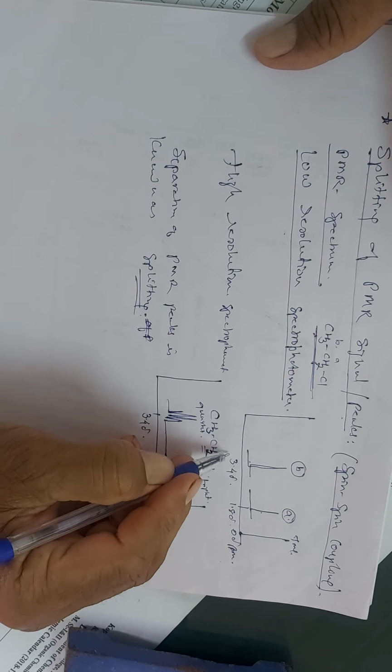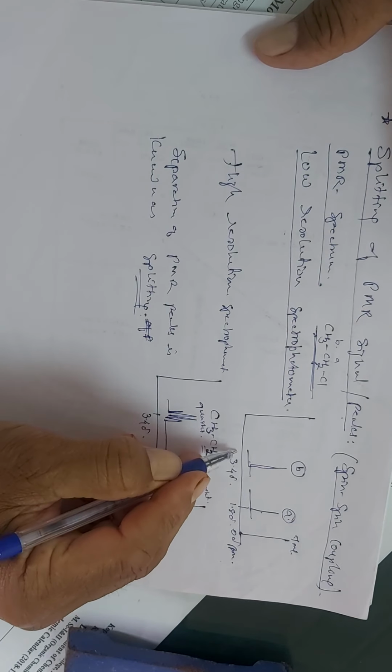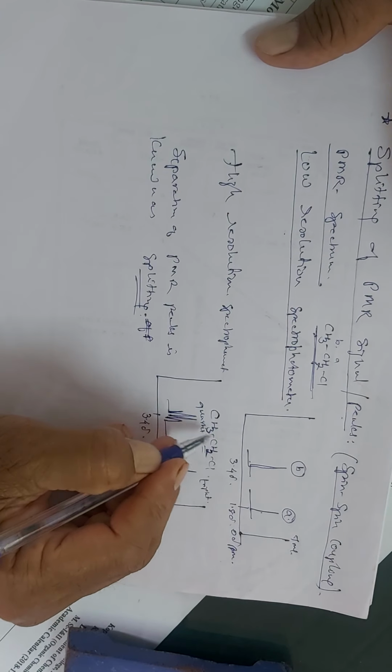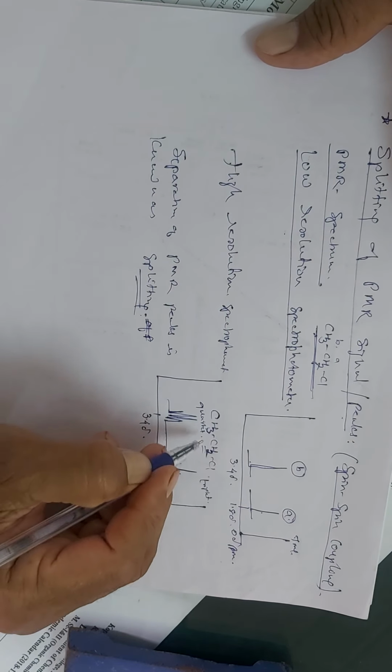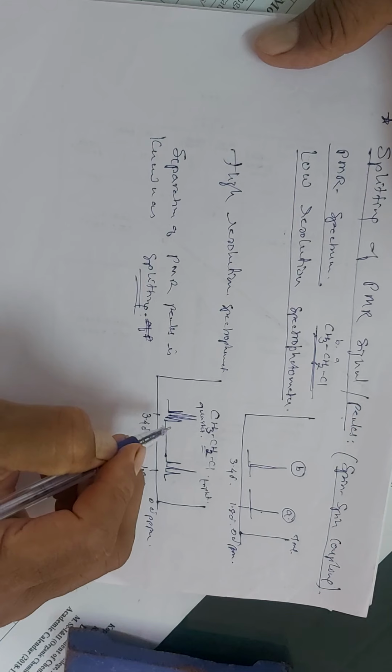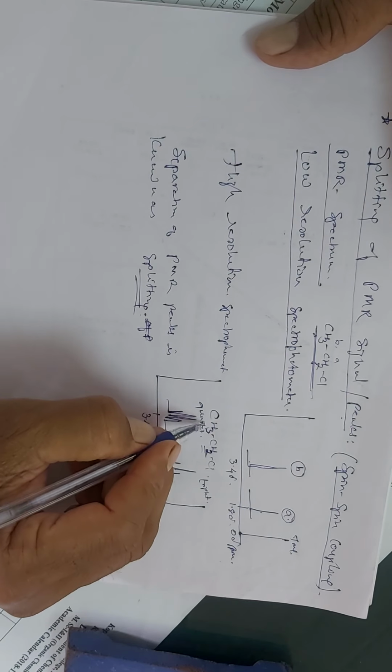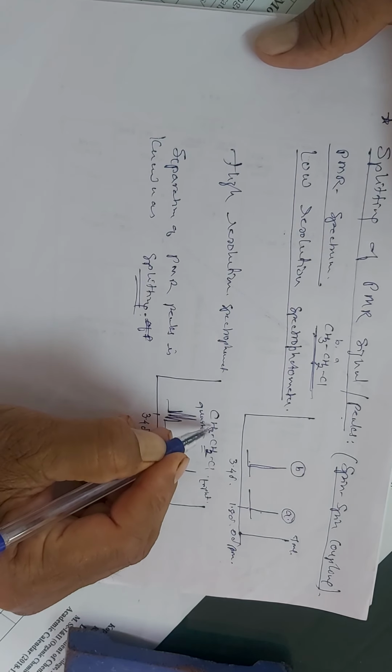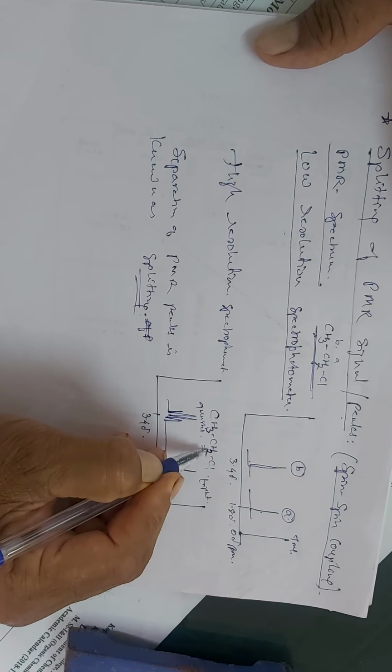The spinning of these two nuclei has a different type of precession from these three protons, because the electronic density is different. And the spinning of these three protons affects the spinning of these two neighboring protons.